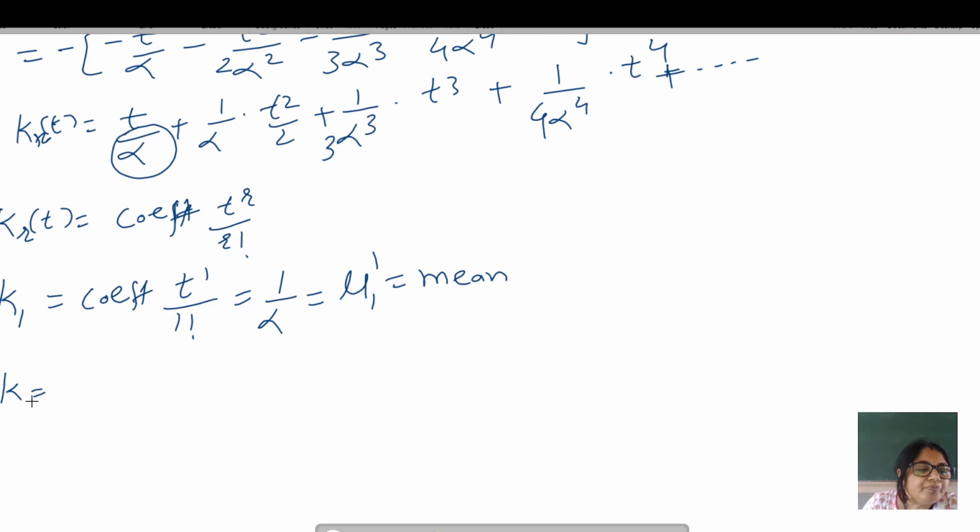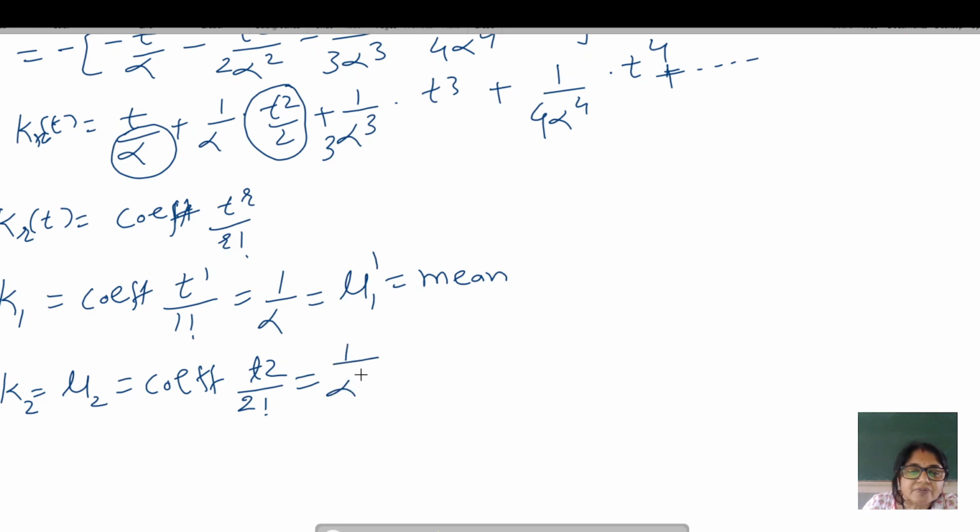K2 is equal to mu2, that is the second central moment or variance, and it will be nothing but the coefficient of t to the power 2 upon 2 factorial, and it will be equal to 1 by alpha square. Sorry, here it will come alpha square, right? K3 equal to mu 3, which is equal to the coefficient of t to the power 3 upon 3 factorial.